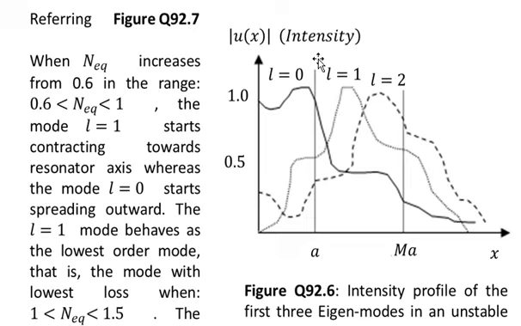Consider the L equal to 1 order. You see that at the center of the mirror, it is completely 0. But if you move away from the center, you can find that it starts contributing, and you know that this is diverging.